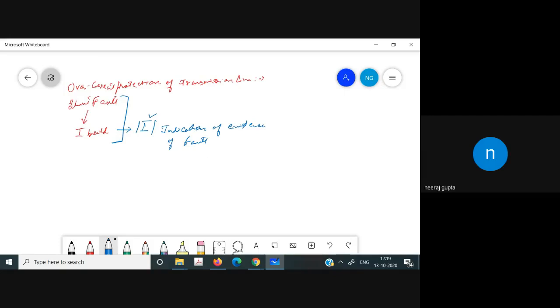So for that we are using the overcurrent relay. It means that if the current is more than the predetermined value, then that relay will trip. So it is the obvious choice for this type of fault.